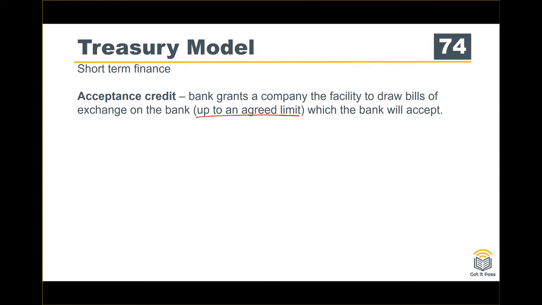So in other words, the bank is an intermediary or an agent to help you sell the bill of exchange in the market at a discount to a buyer who is interested in these bills of exchange.